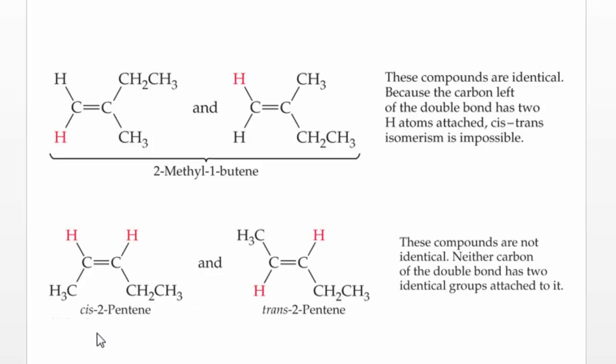So cis-trans isomerism is possible. Since these 2 larger substituents are in the same direction, this is called cis-2-pentene. When these are put opposite to each other, then this is called trans-2-pentene. These 2 compounds are not identical.